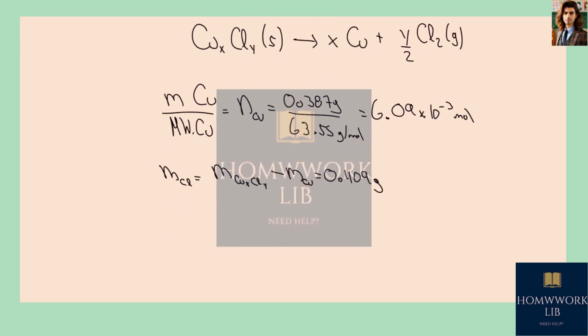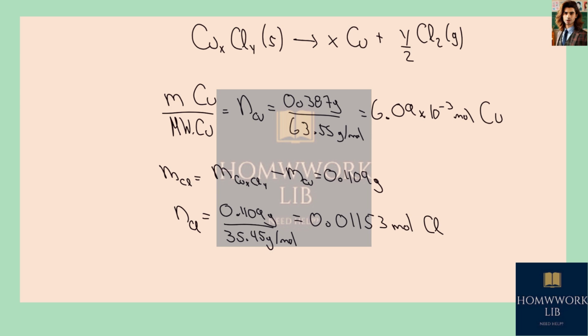Now, to get the amount of mole of chlorine, n of Cl is going to be equal to 0.409 grams divided by the molar mass of chlorine, which is 35.45 grams per mole. This is going to give us 0.01153 moles of chlorine atoms.